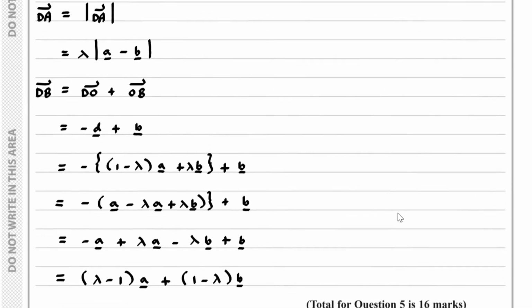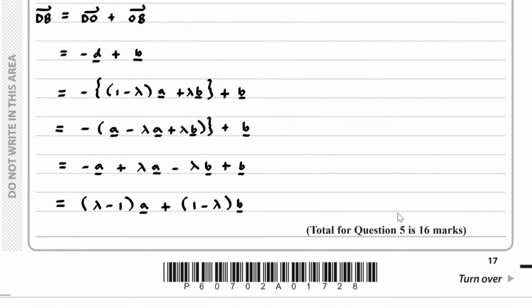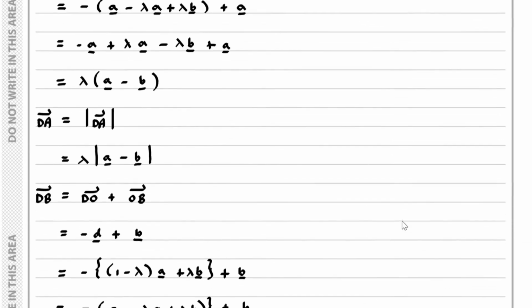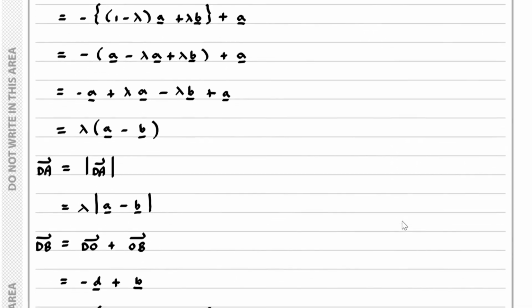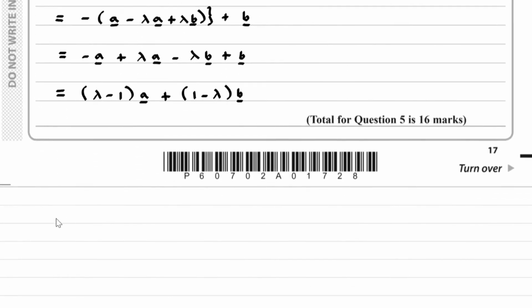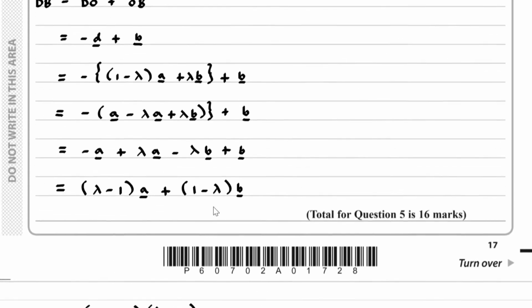So we can simplify this to the vector a minus b multiplied by lambda minus 1.